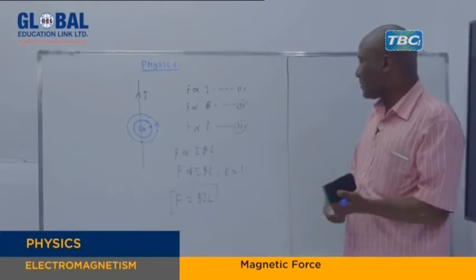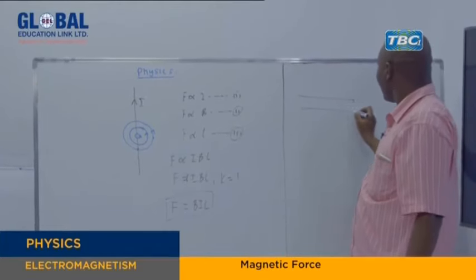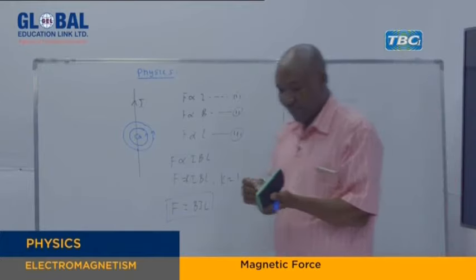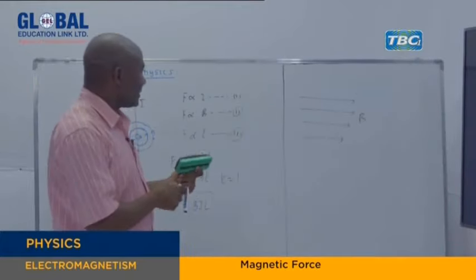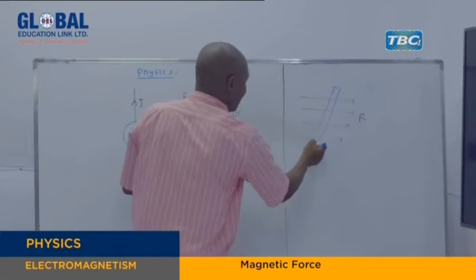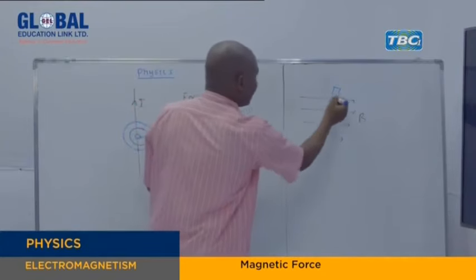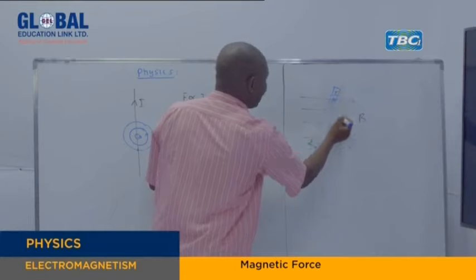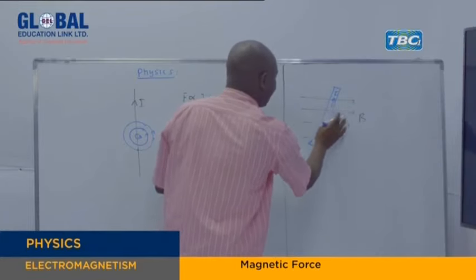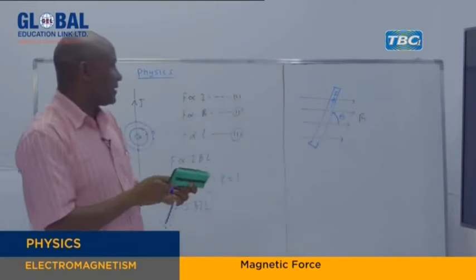What do you mean by maximum force? Assume you have a wire resting in the field. This is how the magnetic field acts, and this wire is here. That wire is inclined here. The current flows like that, and it makes an angle theta with the field.